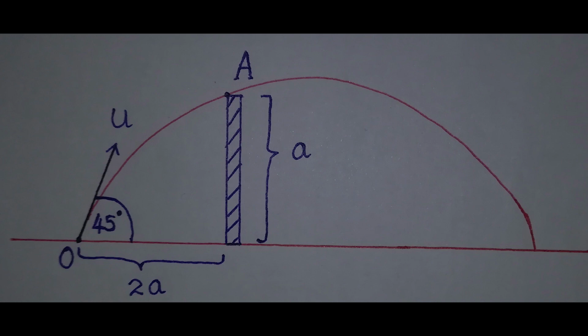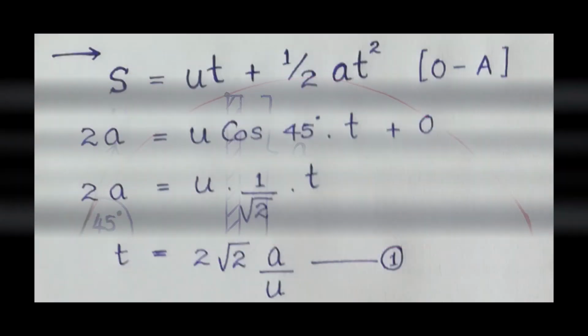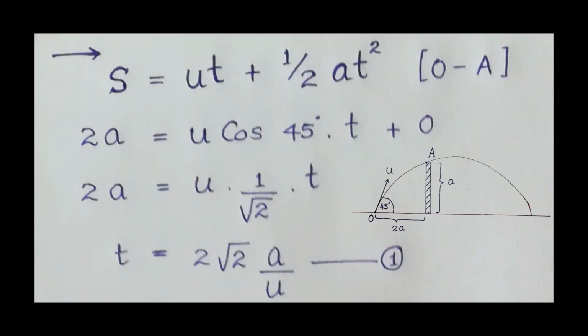Similar to the previous example we have discussed, here also we don't know the final velocity of the motion at point A. So the only equation we can apply is s equals ut plus half at squared. When I apply that horizontally from O to A, the horizontal displacement from O to A is 2a.